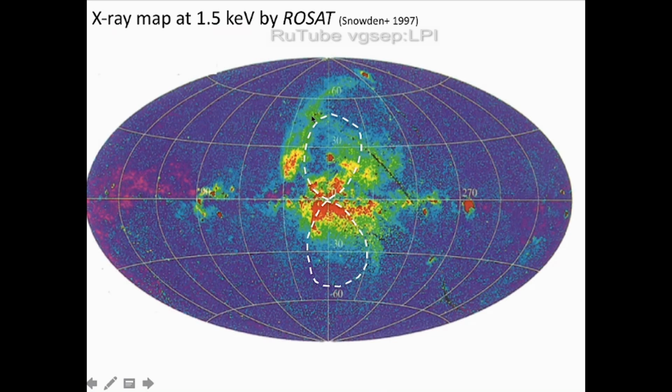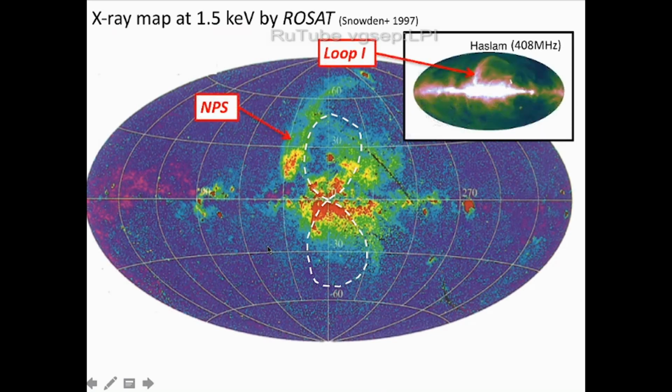However, in the northern hemisphere, we also notice this very bright arc feature that's called the North Polar Spur. And the North Polar Spur is known to be coincident with the Loop I feature in the radio band.